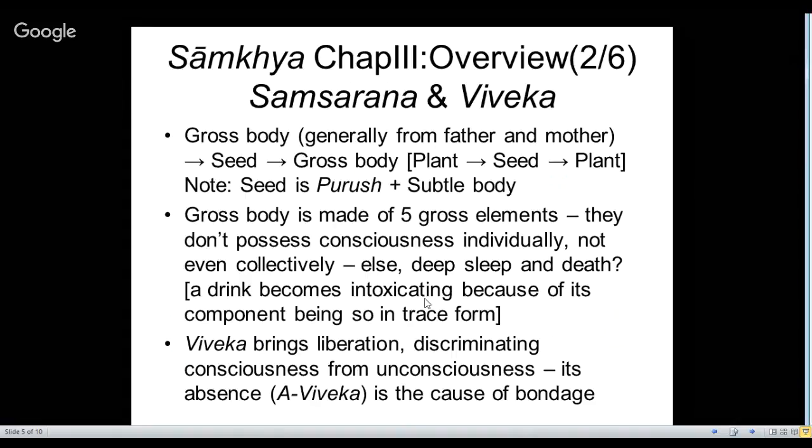Then he gives an example. This is Purvapaksh. Somebody may argue, okay, like you make wine, after fermenting some apple juice or whatever it is. These are substances that don't have intoxicating ingredients, but with the passage of time it becomes an intoxicant, isn't it?